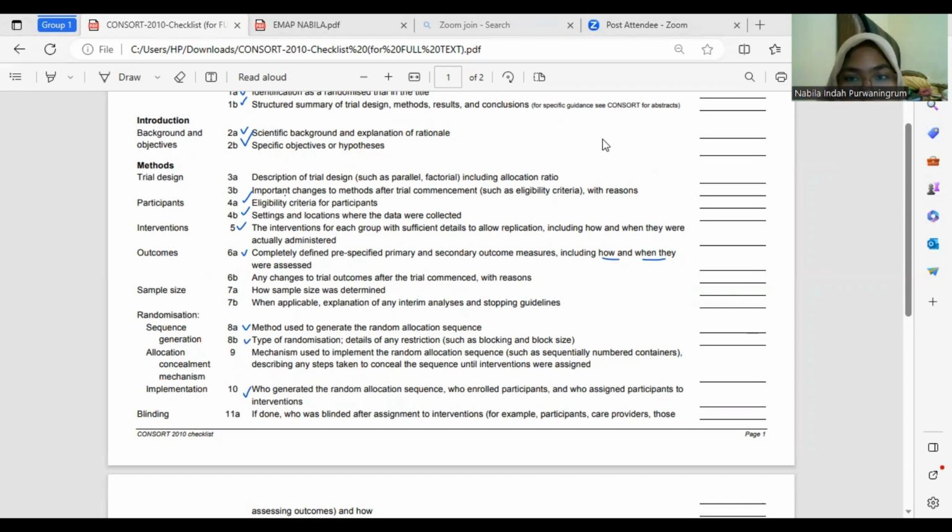And then next is 7B: when applicable, explanation of any interim analyses and stopping guidelines. No, we don't have it here.